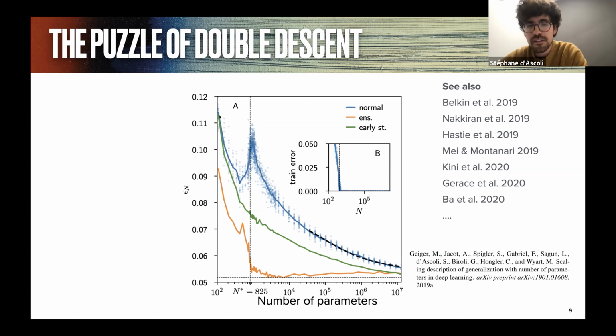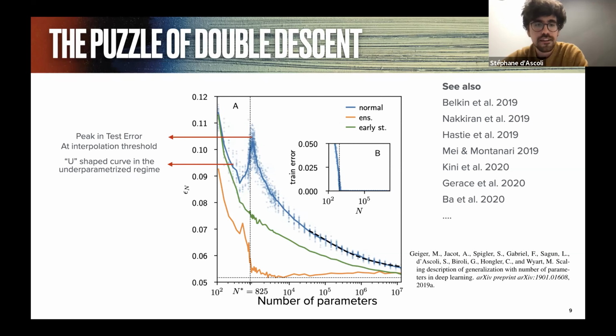And we see the curve in blue exhibits this double descent curve, where we recognize a U-shaped curve in this underparameterized regime where we have a small number of parameters. And then exactly when the training error goes to 0, we get a peak in the loss, and then the test loss goes down as we overparameterize.